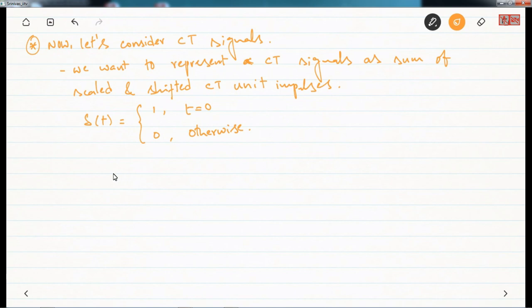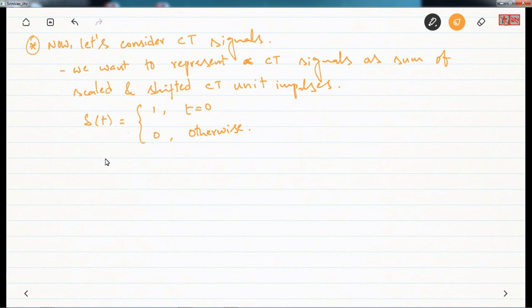Okay, so you know that delta of t is an idealization of a narrower and narrower pulse, a pulse occupying zero width, but having finite area. So its height goes to infinity, and its width goes to 0.